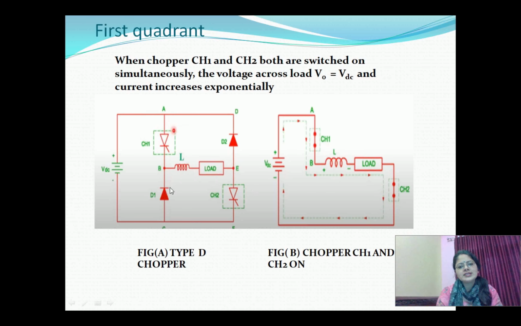So when CH1 and CH2 are both turned on, the output current is positive and the output voltage is positive, so the device works in the first quadrant.